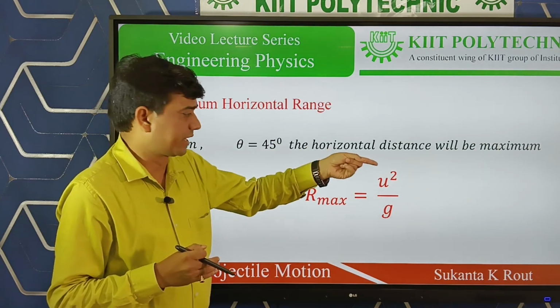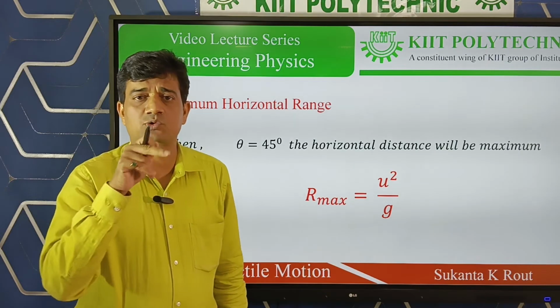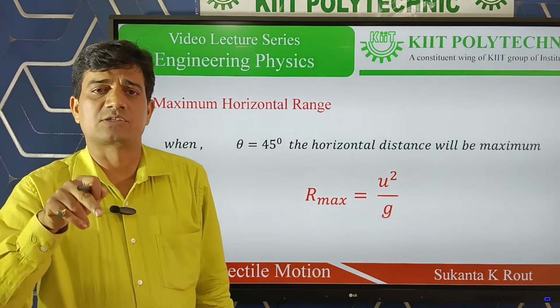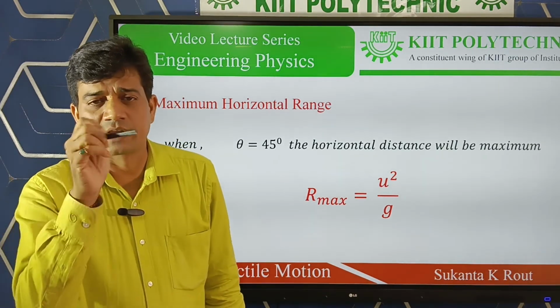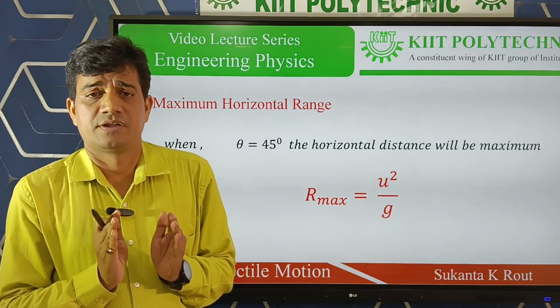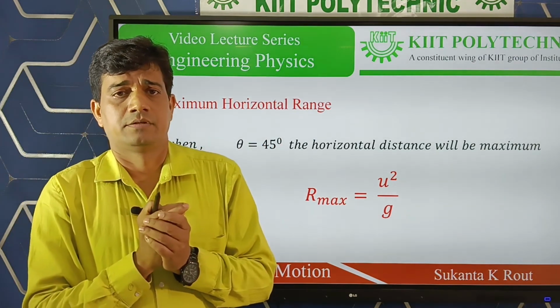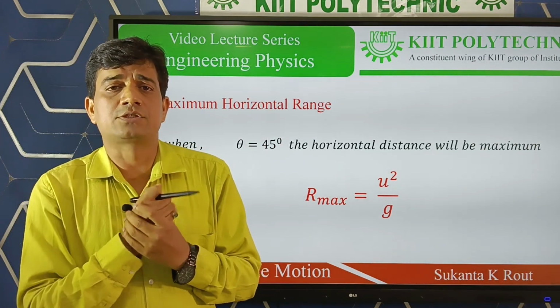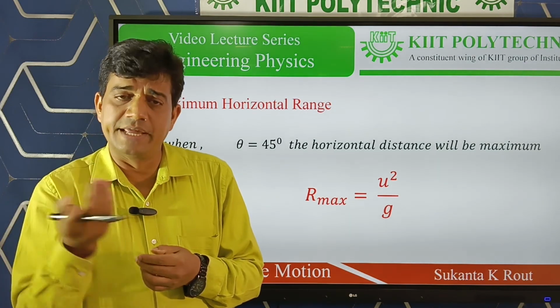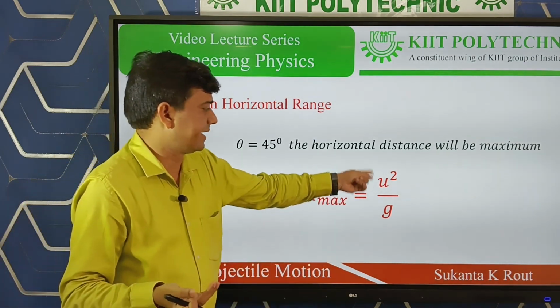Because sine 2 theta equals 1, R max will be how much then? u square by g, because R is u square sine 2 theta by g. So one can ask the question, up to what distance can a player throw a javelin so that the range becomes maximum? It is assumed that theta is 45 degrees, so simply u square by g.